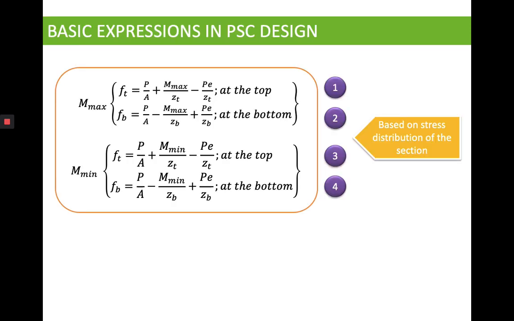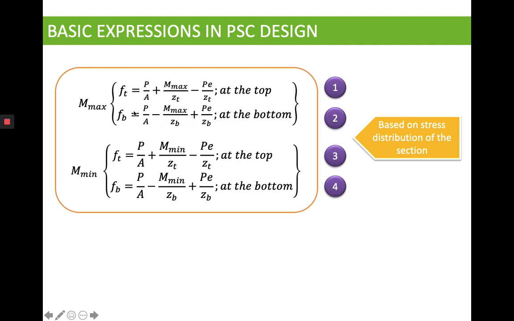These are the basic expressions in pre-stressed concrete design. These are the expressions that we have already seen in our previous lecture, which I have already shown you on the stress block. We have the stress block and we have already derived these equations.